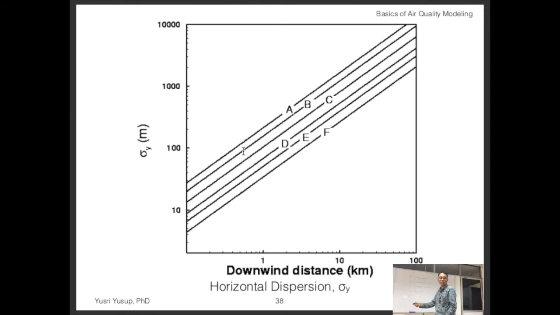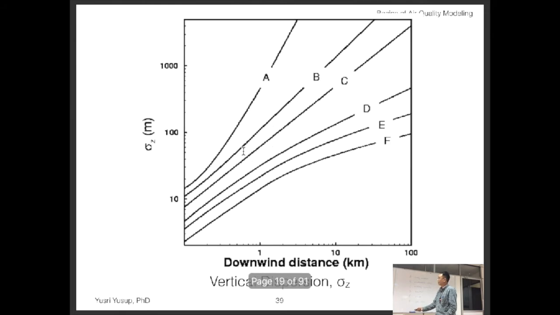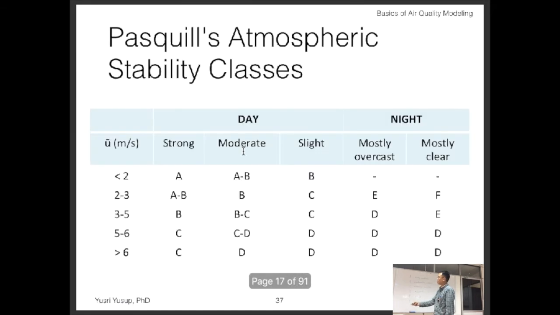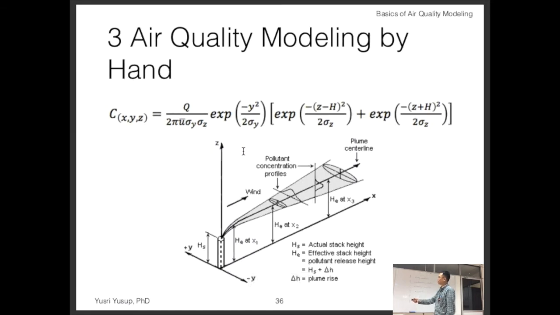That's all. And then using the same concept for sigma z, the most important dispersion characteristic, at 1 kilometer at B is 100 meters. And then we just plug the values inside this equation. 200, 100, 200, 100, 100, right? Very simple.